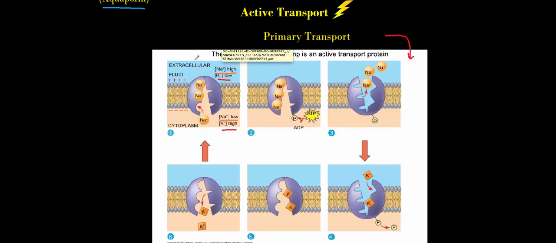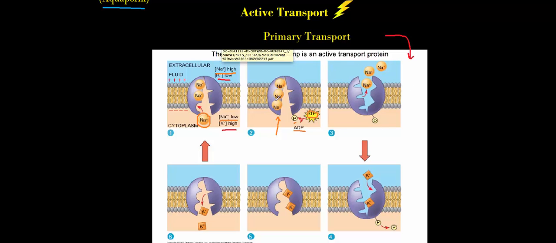And how is this going to happen? Well, our 3 sodium ions are going to come and bind to the sodium-potassium pump, just like this. And then once that happens, an ATP molecule, which you can just think of as a molecule which provides energy for this reaction to occur, is going to break down into ADP and a phosphate group, and this is going to release the energy required for the process.